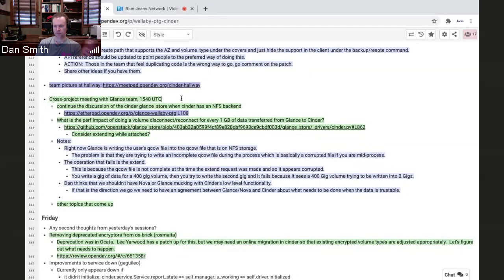Yep. So that's my point. It still seems like we've got this layering violation, and the solution to not having this be a glaring security problem is to tell people to not configure it in such a way that might cause Cinder to ever interpret user QCOW data. So, it's up to you.